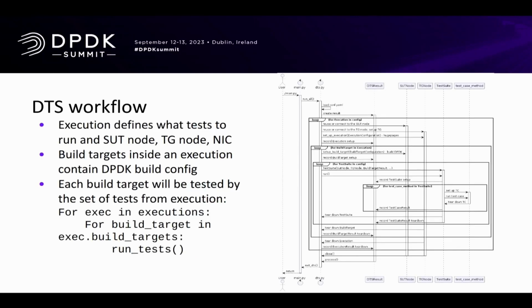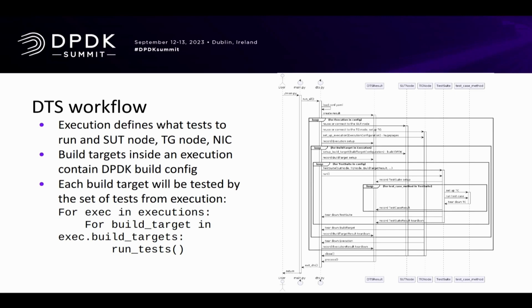So what's the DTS workflow like? We have executions and build targets in DTS. The executions define what tests to run and what test bed to use: the SUT node, the TG node, and devices such as NICs. Build targets are nested inside executions.